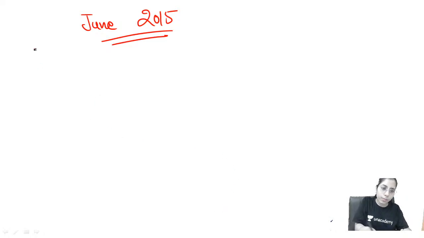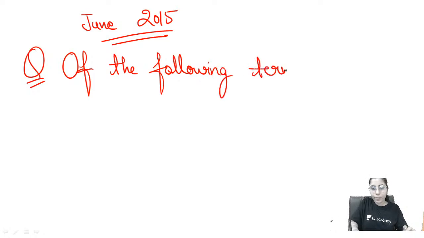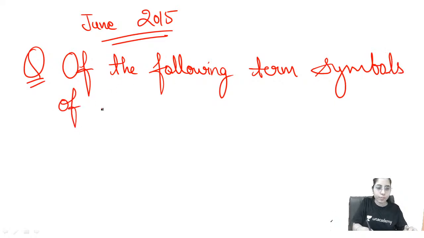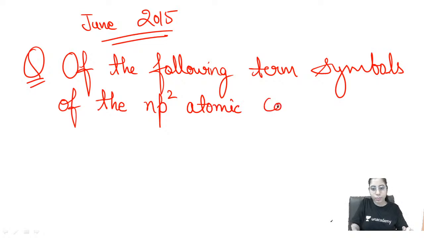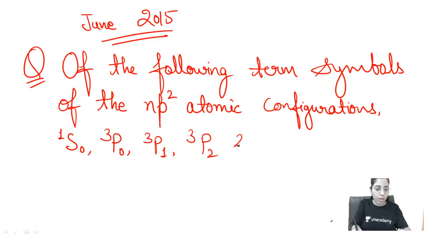Now the next question is: of the following term symbols for the np2 atomic configuration, that is 1S0, 3P0, 3P1, 3P2 and 1D2, which is the ground state?